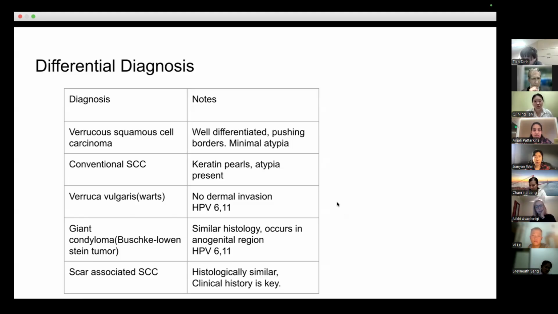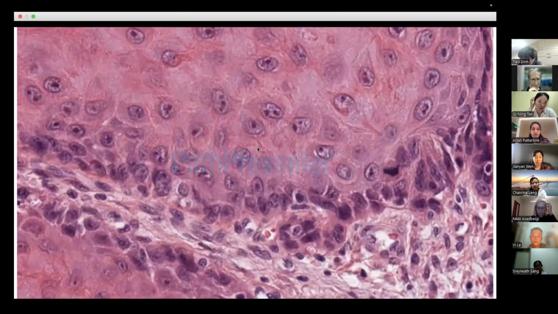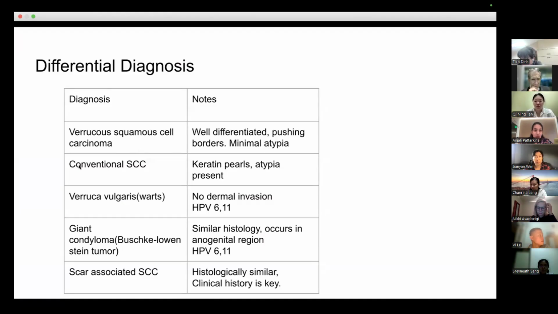So in this slide, the cells were well differentiated with pushing borders, and there was minimal atypia, as Dr. Nikki said. With conventional SCC, there will be keratin pearls and atypia will be more prominent. How to differentiate warts?